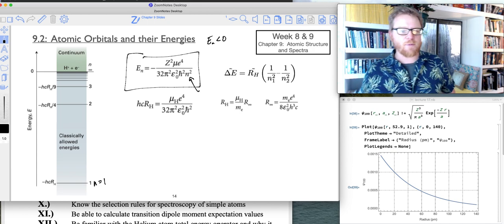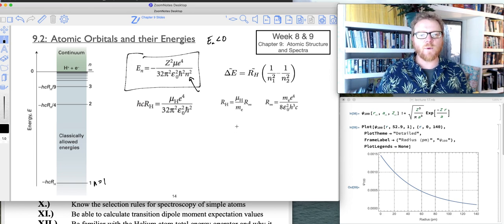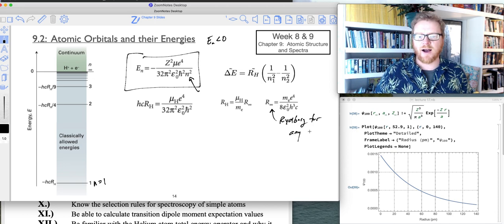So if I keep going with this and make a connection to the Rydberg equation, here we can see that I'm going to start over on this side. Rydberg's constant for any nucleus. So this is what this means. This is Rydberg for any type of atom.